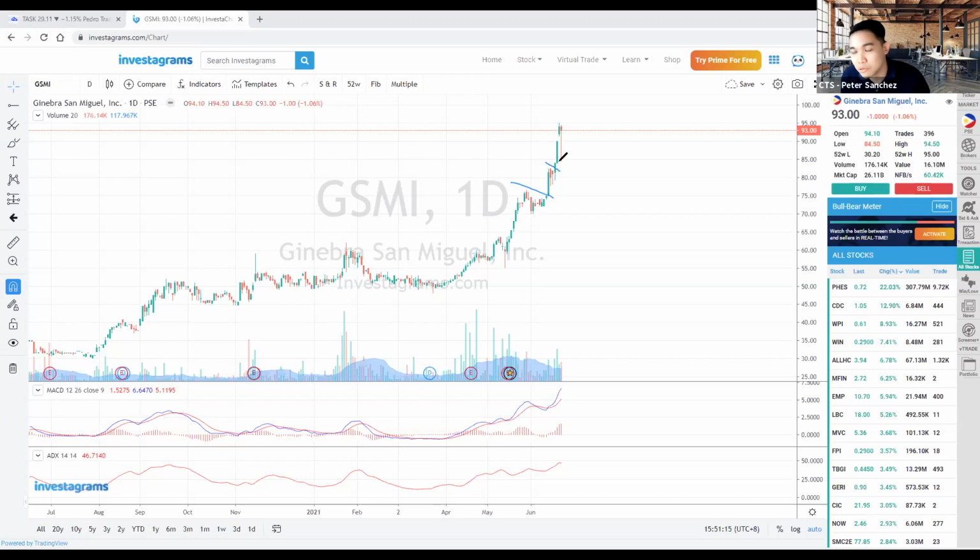Medyo questionable na siya for me. Pero kung mag-consolidate siya, gumawa ng coil na matututunan niya rin bukas, okay ito. I think this is prone for a consolidation or a duration. GFC.